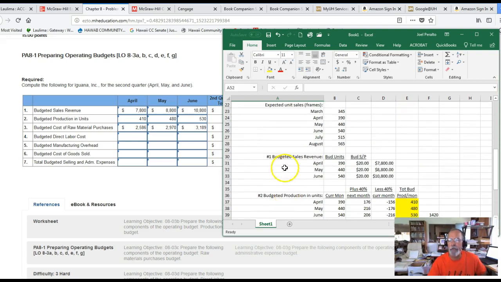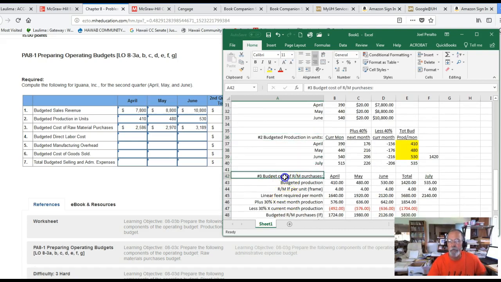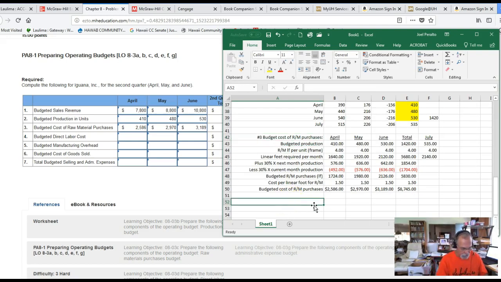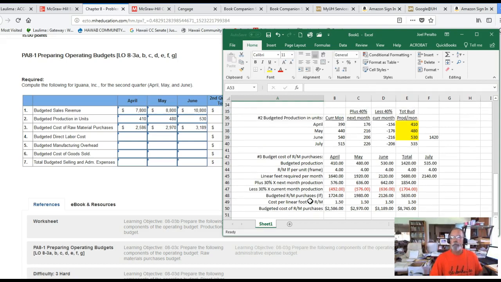What I did here was I went back and numbered the different requirements, number 1, number 2, number 3. So we're on number 4, and that is budgeted direct labor cost. And so I think it's probably a good idea to start out with how we... not sure if we're going to use July in this one.